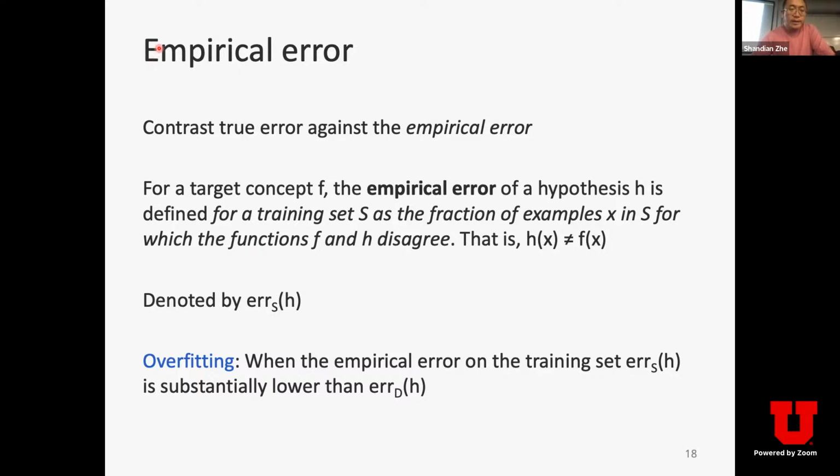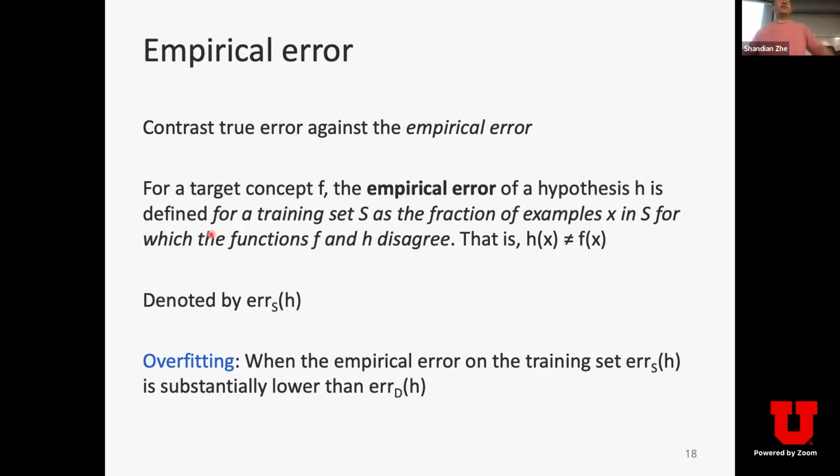In practice, we usually calculate the so-called empirical error. What's the definition of empirical error? It's very simple. It's just the training error. The basic idea is that when you have learned a hypothesis H, you use H to predict the label for every training instance.